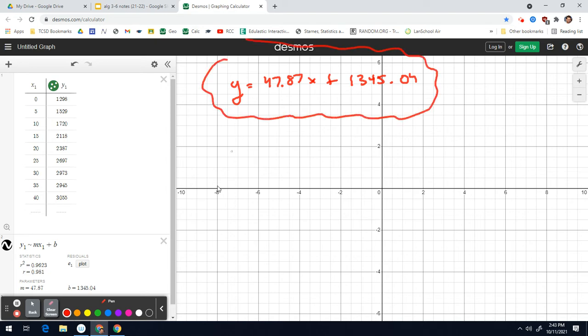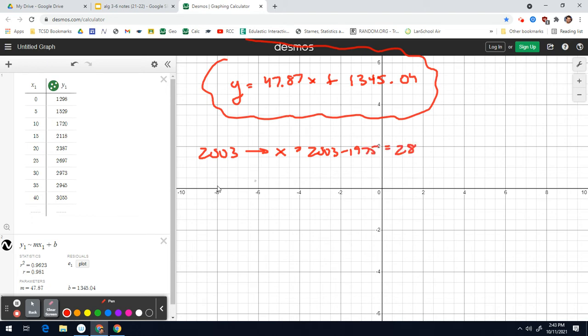First, how many miles will be traveled in 2003? To find that x value, we take away 1975. So 2003 minus 1975 gives you 28.